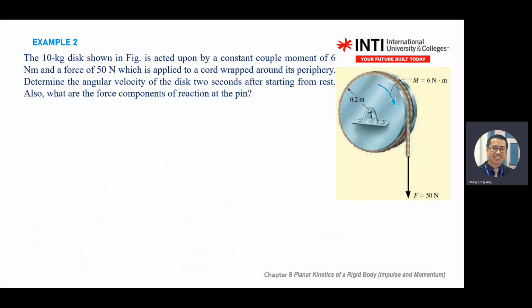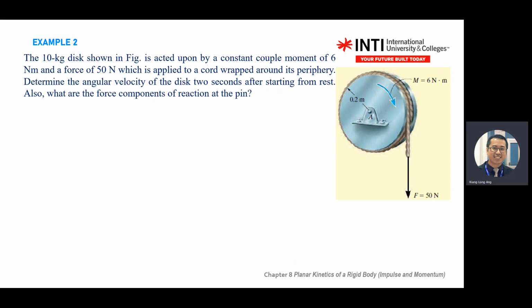Okay, let's apply this. Example 2 is a disc. We lock at A and then rotate, with a force of 50 Newton. The radius from A to the outer ring is 0.2. You have a moment.